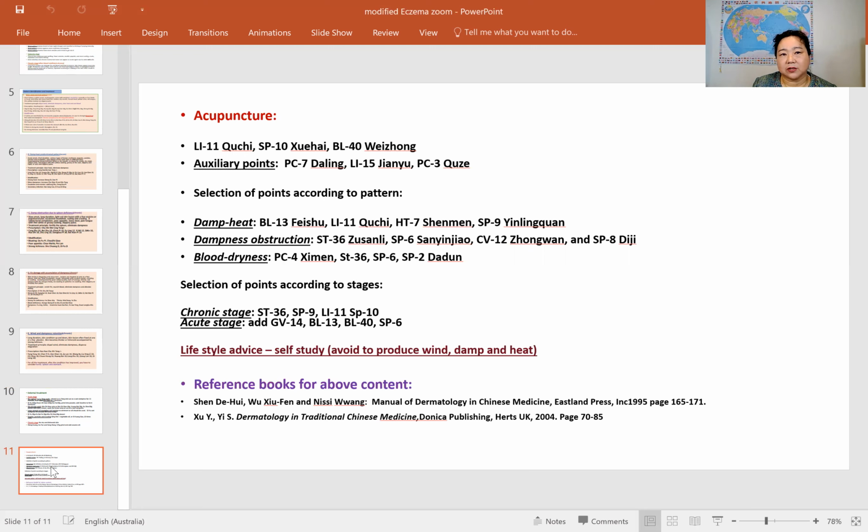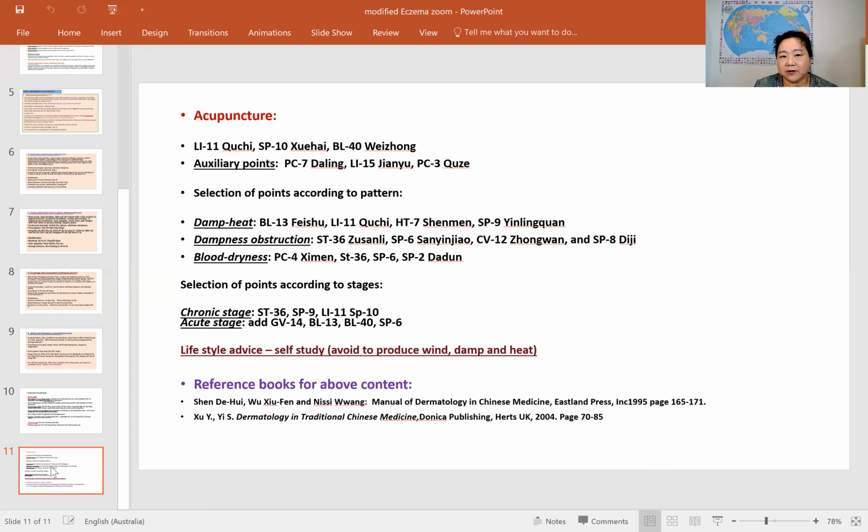So adding acupuncture can accelerate the treatment timeline, but it also adds cost for the patient. And some patients don't like needles either. So I leave the points and the stage choices here for you to consider.